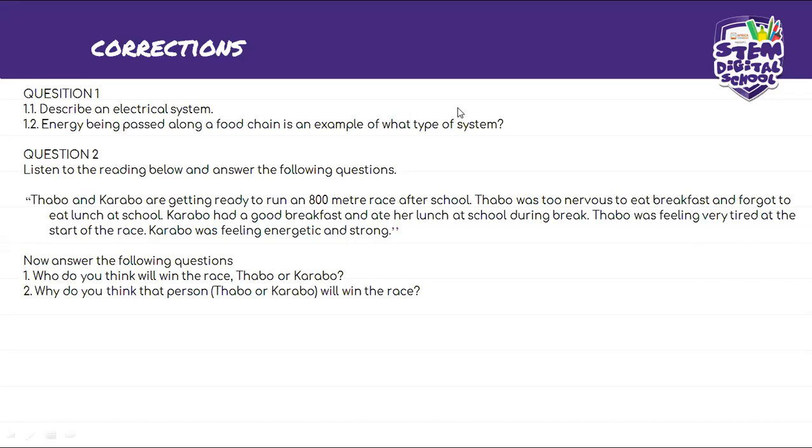So we are looking at: describe an electrical system. Energy being passed along a food chain is an example of what type of system. Listen to the reading below and answer the following questions.